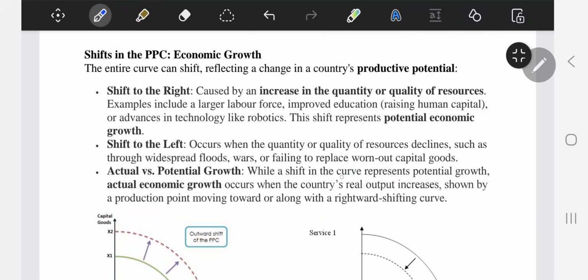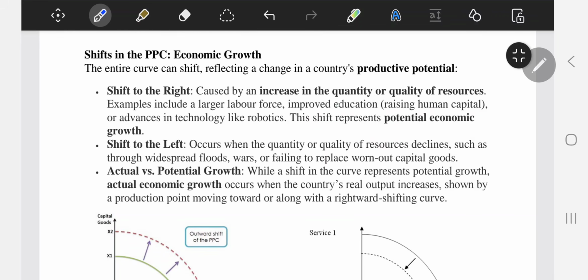So basically an increase in something like labor, so a larger labor force. Remember we talked about this before. A larger labor force can be because of immigration, because of increasing the retirement age, or because of reducing the school leaving age, and that can shift the PPC to the right.